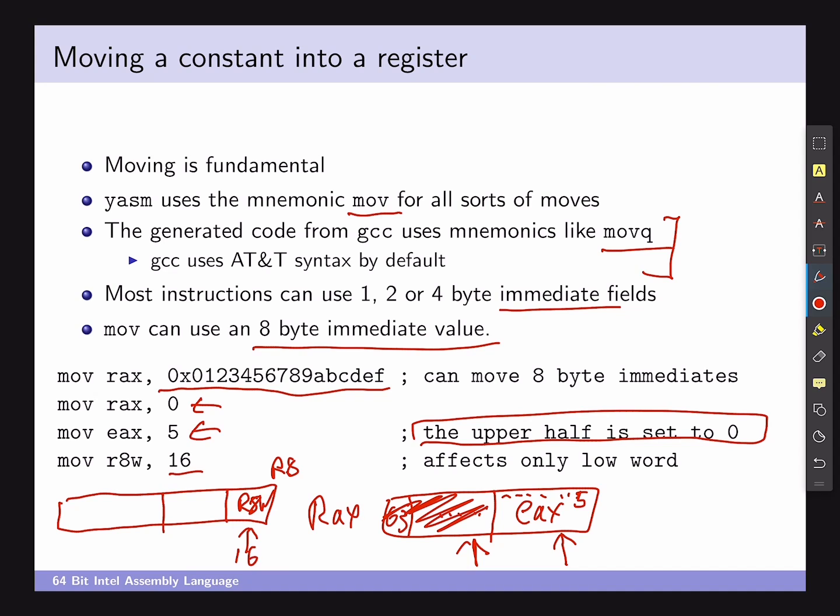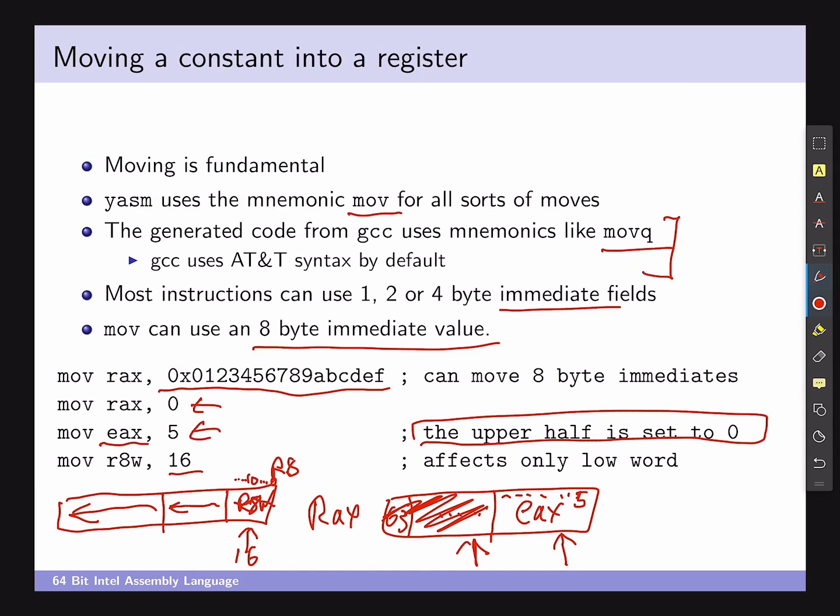Now, what's interesting or annoying, depending on how you look at things, is if I load something into R8W, say I set it to 16 as in this example, I'll end up storing the value 16 in binary, and then the question is what happens to these higher order bits? Your first gut might be telling you, oh, it's going to set them all to 0, like happened in the EAX case.